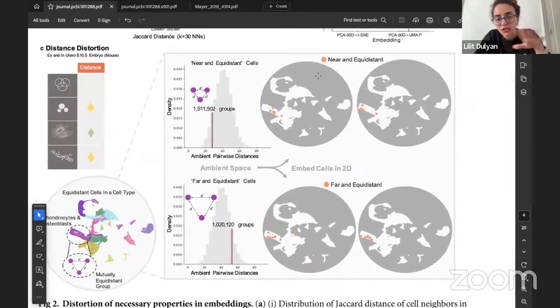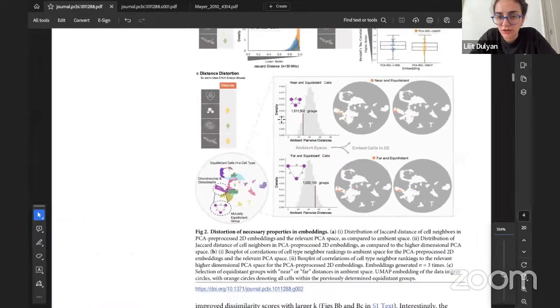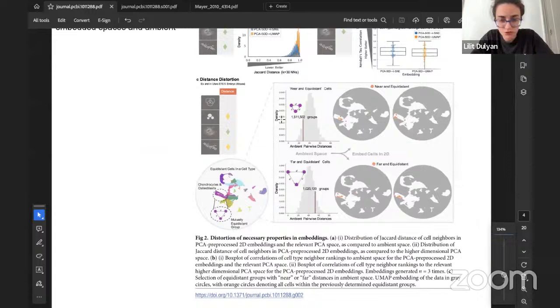And honestly, if you don't look at the title, you wouldn't be able to tell which one is which, right? There is a violation of the absolute distances between the cells. The distance is not equidistant anymore, and you don't really know if this one was the far or this one was the near. So again, it seems that distance is not preserved either.